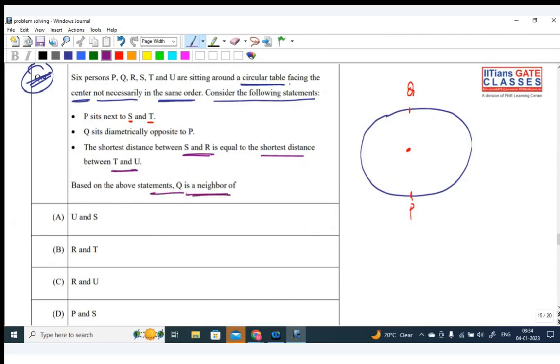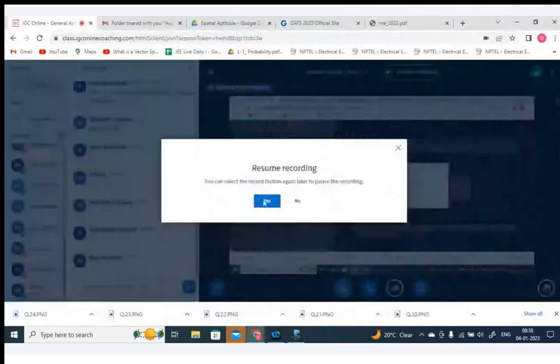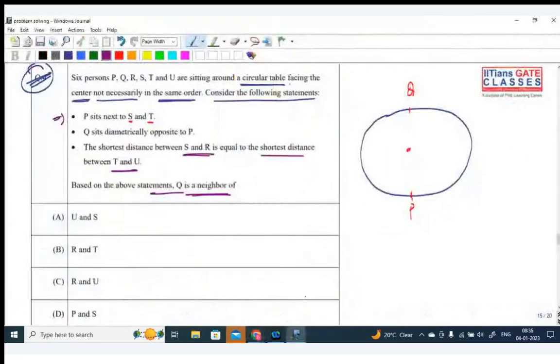That is what you have to think about. First statement is what? P sits next to S and T. So answer this question, guys, everybody. So what you can do here is P sits next to S and T, right? So P is, I think, in between S and T, right?